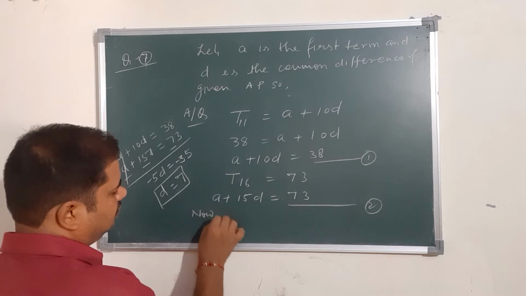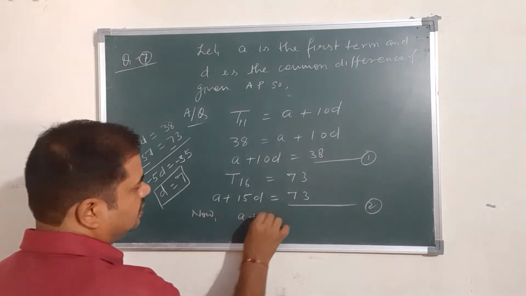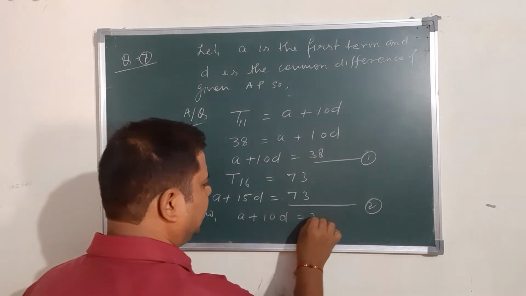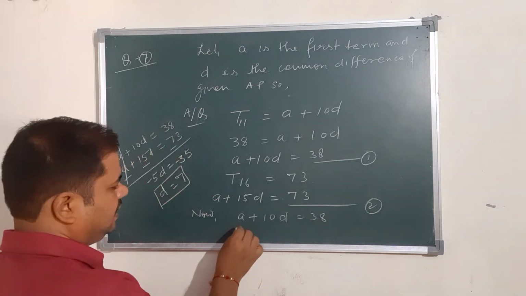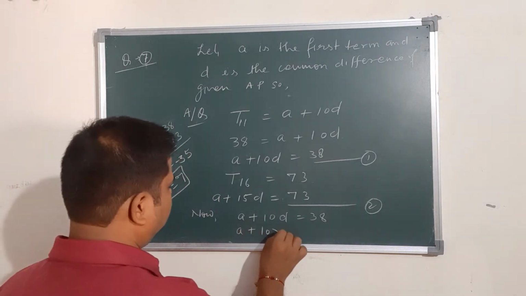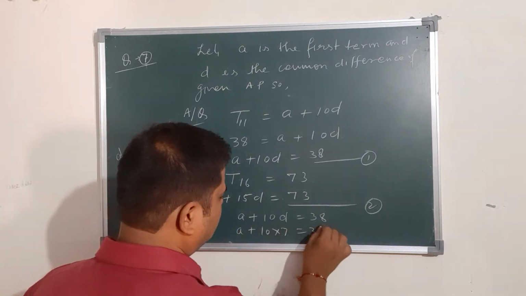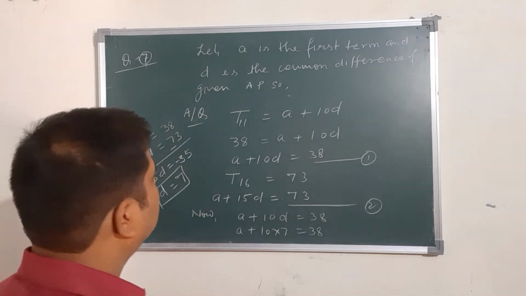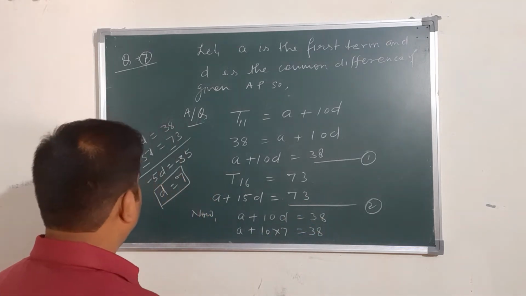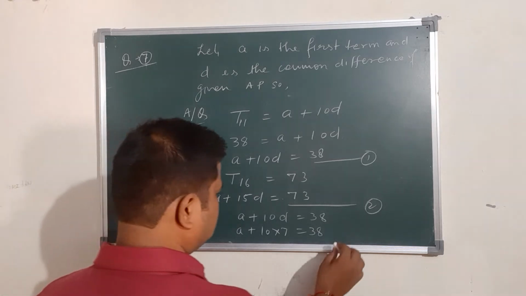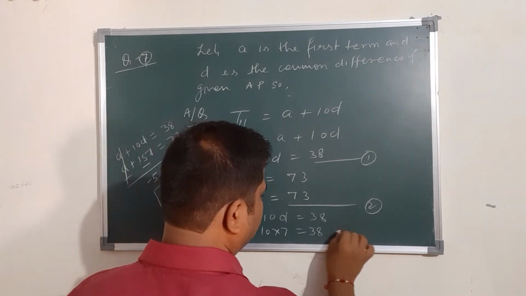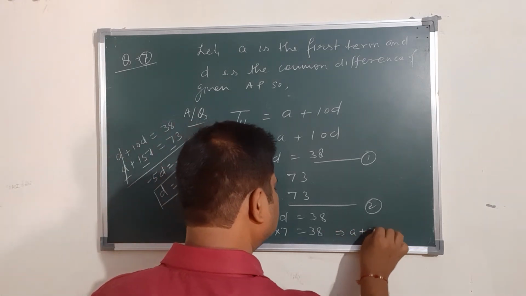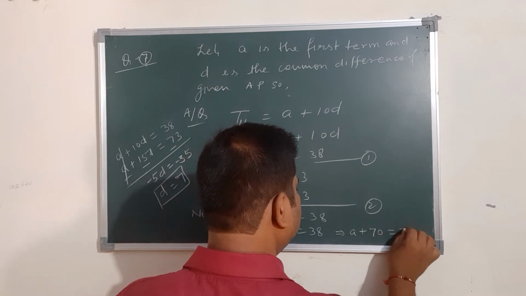Now A plus 10D is equal to 38. So A plus 10 into 7 is equal to 38. So A plus 70 is equal to 38.